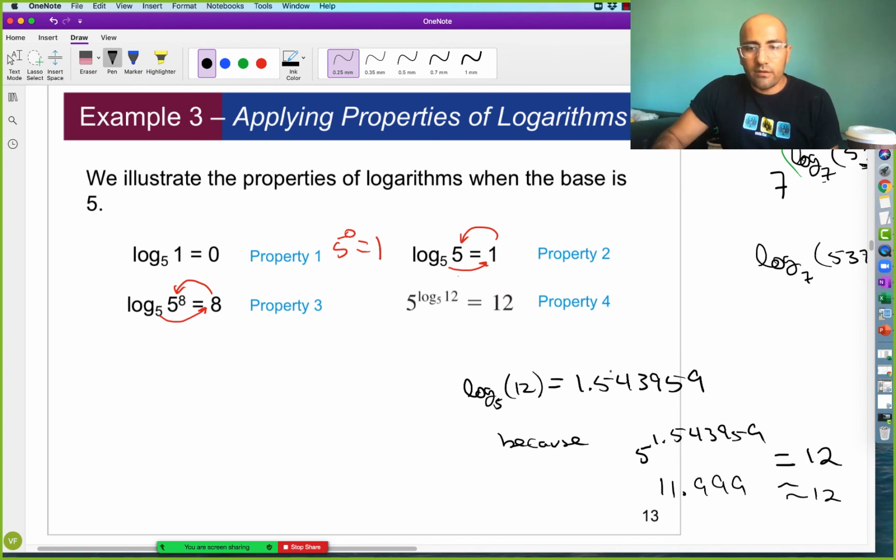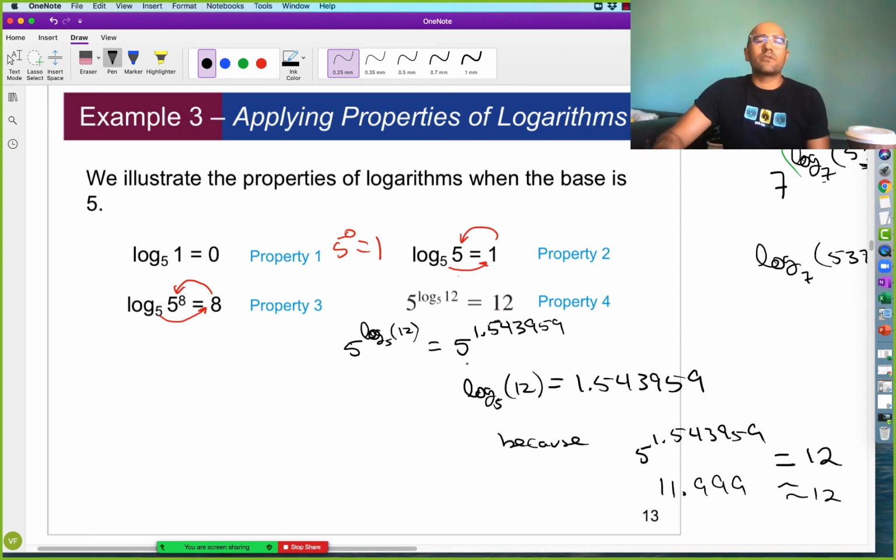They equal each other. So when they ask you this question, what is 5 to the power of log base 5 of 12? They're really asking you this. You can also say, what is 5 to the power of 1.543959? Okay, it looks extra confusing here.